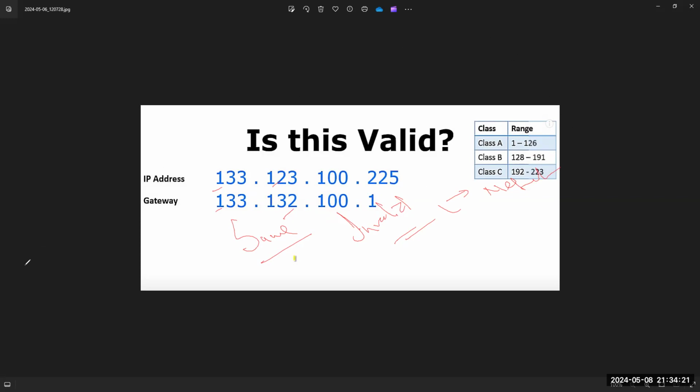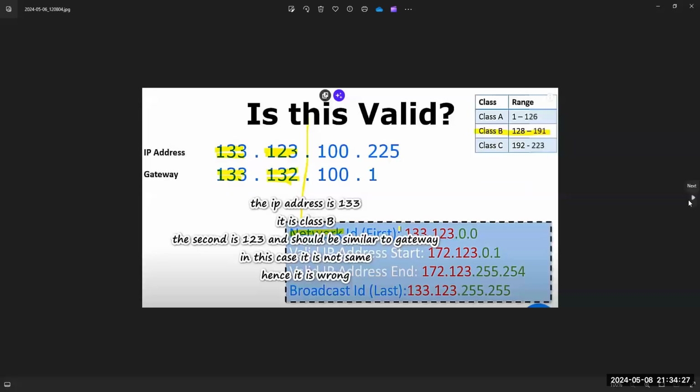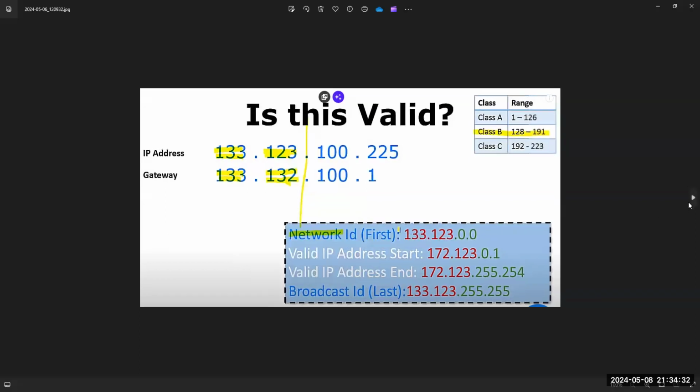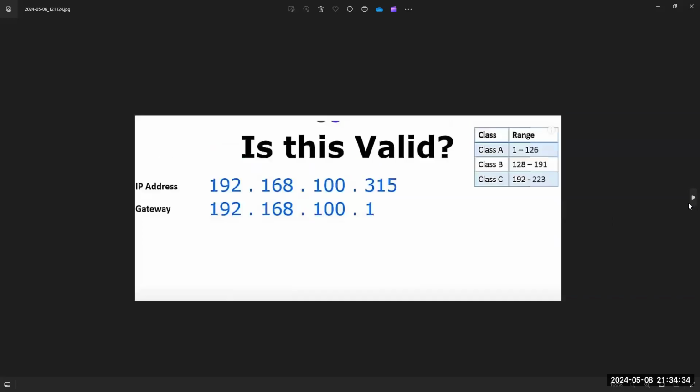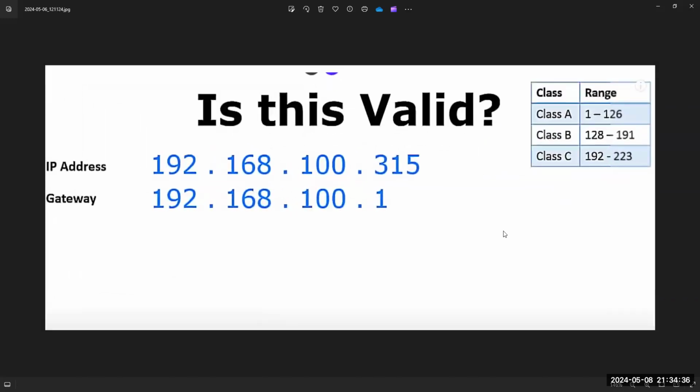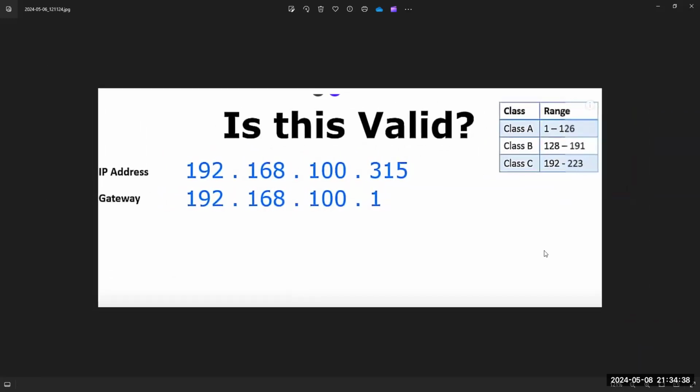Now I will give you another scenario. Is this valid? No. And why so? Because we have only 0 to 255.